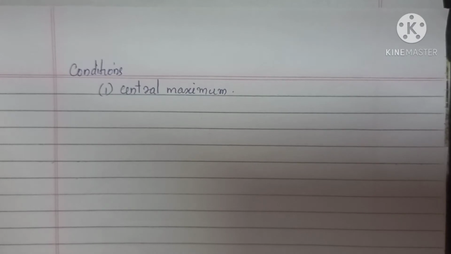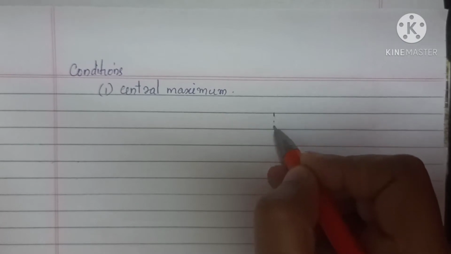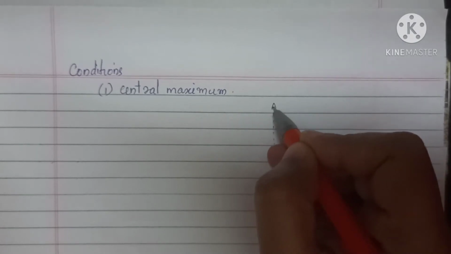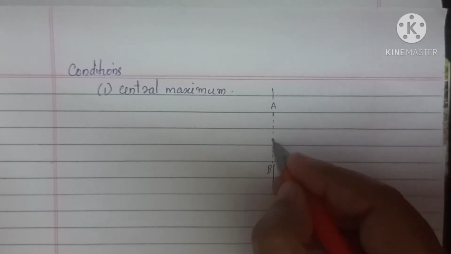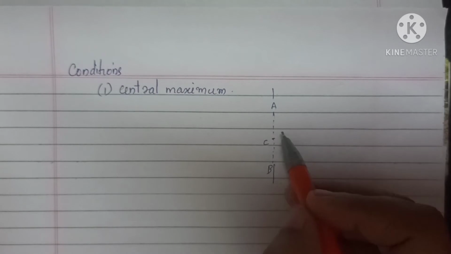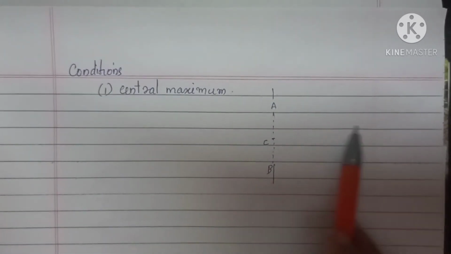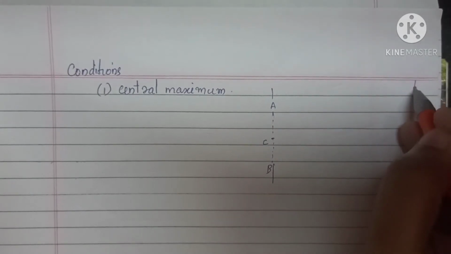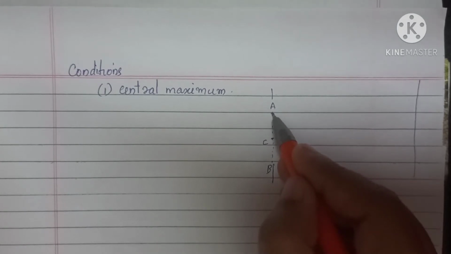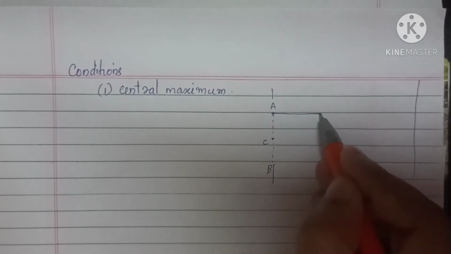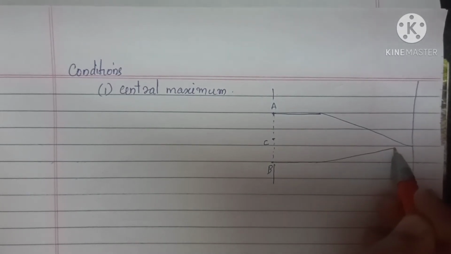So as we discussed, the condition for central maximum: this is our slit AB, and a point C is there. In the case of central maximum, the rays are parallel to the point, and here our screen is there. The rays move like this and focus on the screen, isn't it?